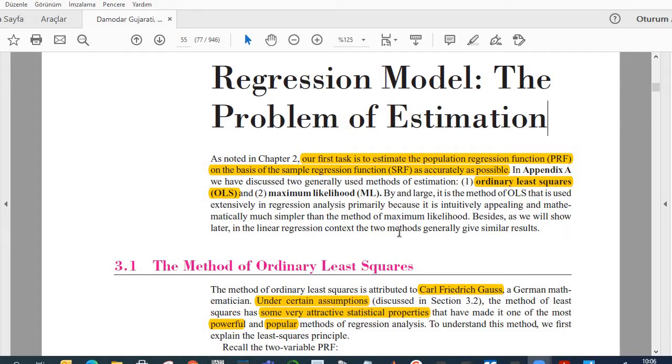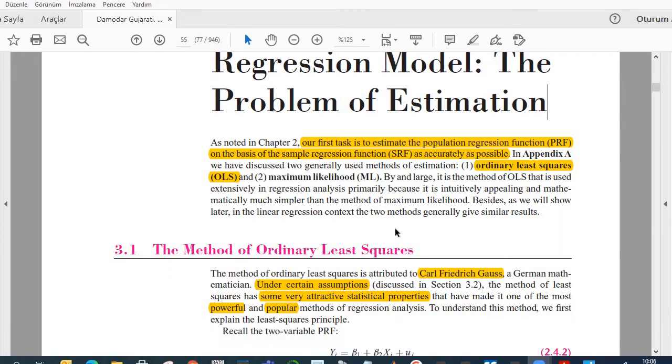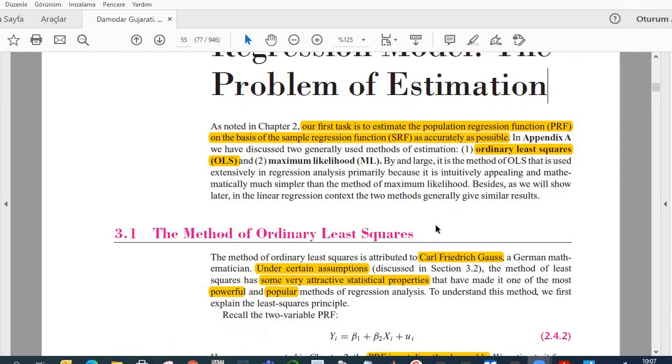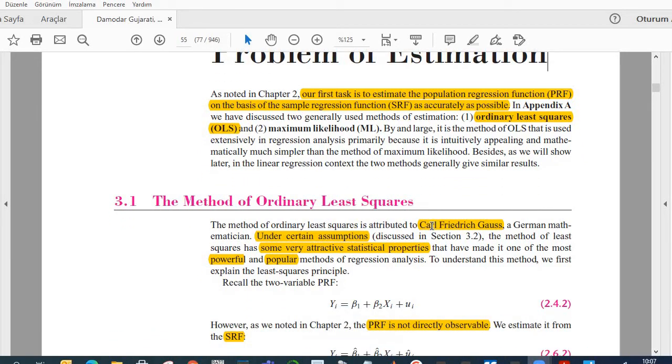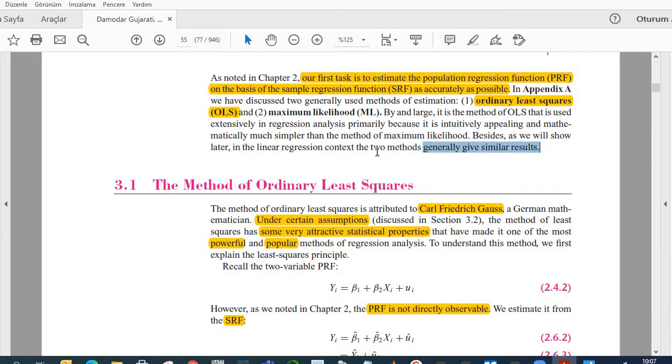By and large, OLS is used extensively in regression analysis, primarily because it's intuitively appealing and mathematically much simpler than the maximum likelihood estimation. Besides, as we will show later in the linear regression context, the two methods generally give similar results. So this is a simple methodology, but it will give the same result as maximum likelihood, which is a more advanced methodology.